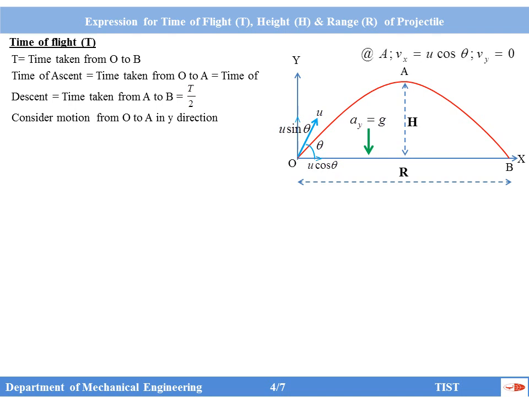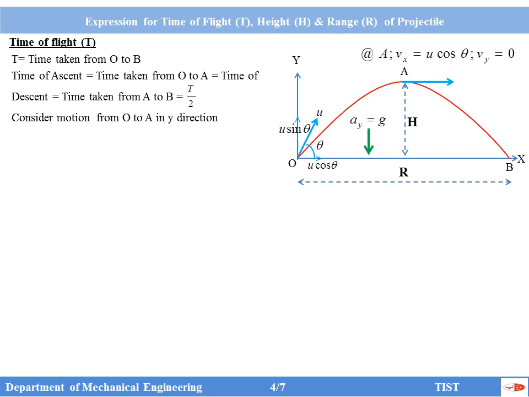Now at the point A, Vx is always u cos theta, and Vy is 0. Why? Because at point A the tangent to the velocity is horizontal, right? If you closely look at that figure, the tangent at point A is horizontal only. Got it?